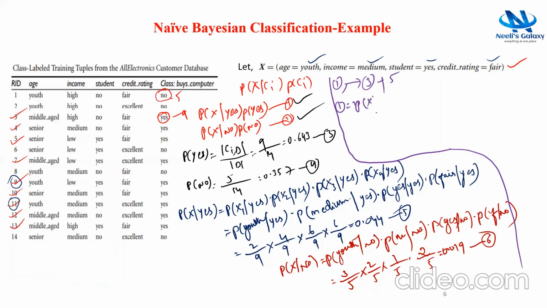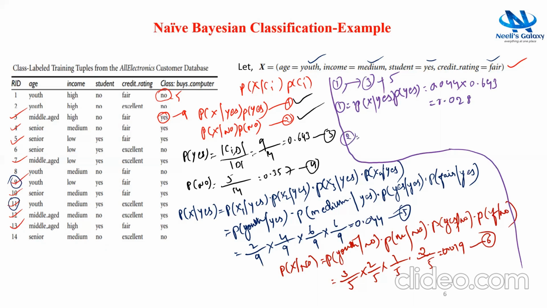P of x by S into P of S, where P of x by S is 0.044 into P of S, which is 0.643, which is equal to 0.028.